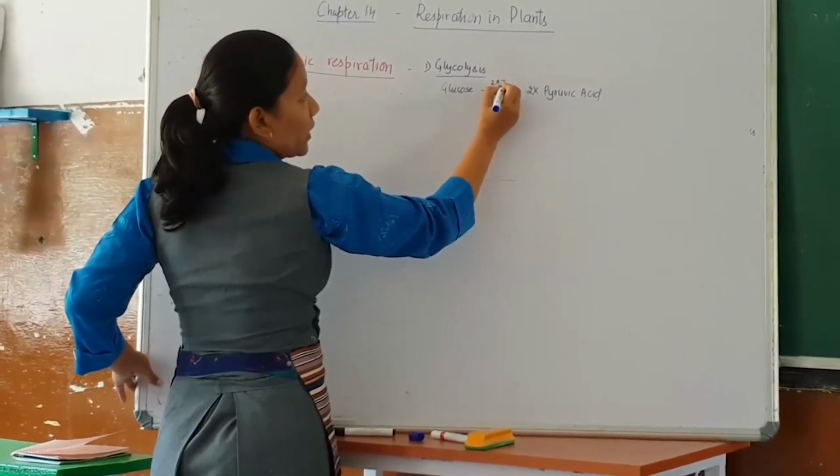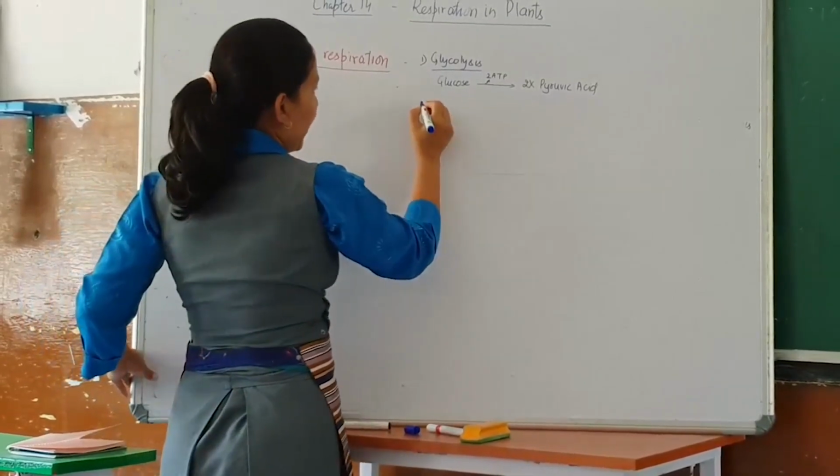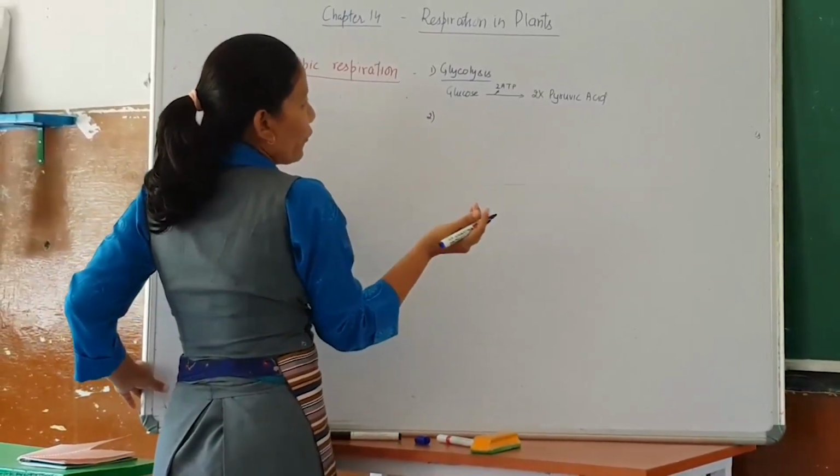So the net gain of energy is 2 ATP, and second one we have the Krebs cycle.